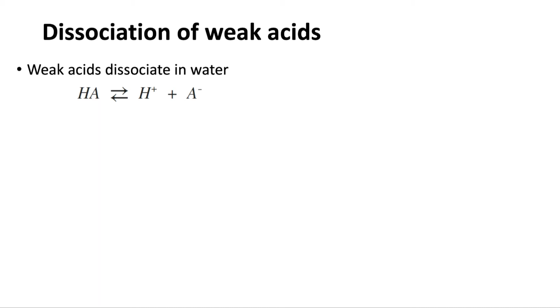Remember, it's an acid, so it is a hydrogen donor. We give off an H plus, and then we have the resulting A, which would be considered the salt form of it. So it's what's left after the acid has given up its hydrogen. So it's the salt form. We have the acid HA on the left, basically producing a hydrogen ion and a resulting salt, which is the A minus.